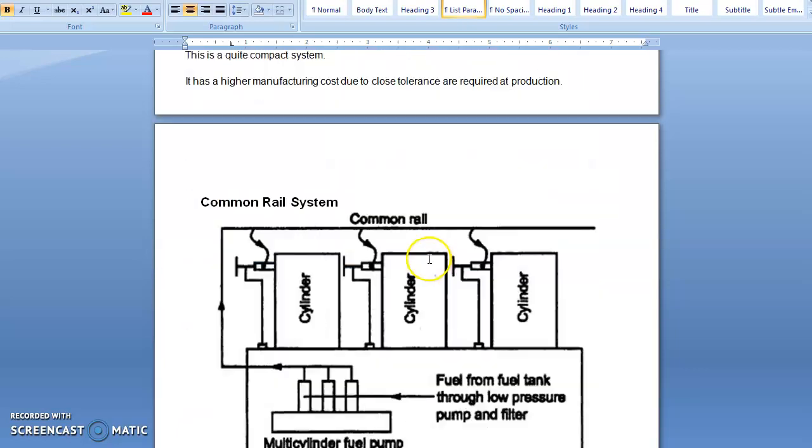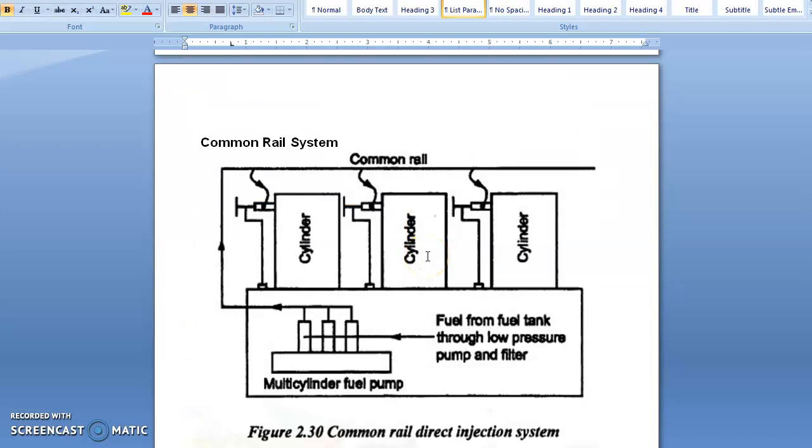Let us discuss the last one, which is named the common rail system. Here we are not using a multi-stage compressor. The air that enters is sucked from the atmosphere due to the vacuum created by the piston moving from TDC to BDC.